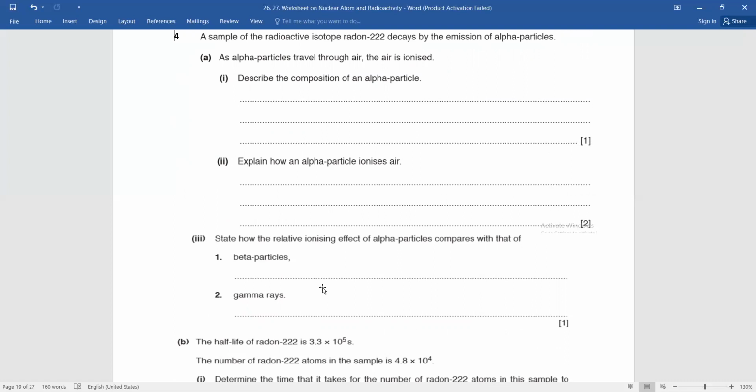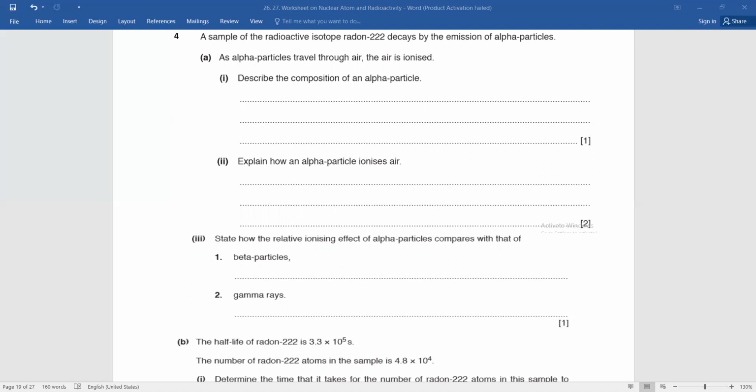As alpha particles travel through air, the air is ionized. Describe the composition of an alpha particle. Alpha particle nucleus. 2 protons and 2 neutrons, with no electrons. Yes, 2 protons and 2 neutrons. Writing this much will do: 2 protons and 2 neutrons. Why did they give 3 lines, to confuse us? Just look at the marks. Why give 3 lines? Yes, because everyone will cross out and rewrite. Continue then.